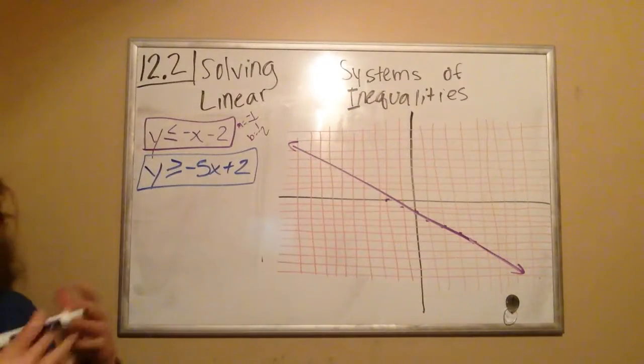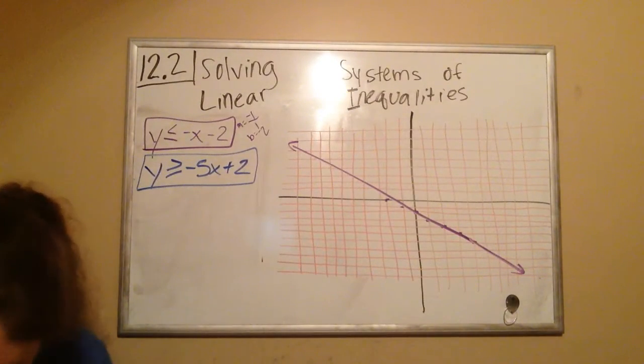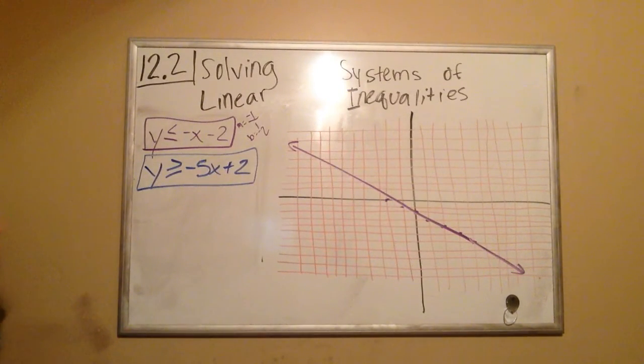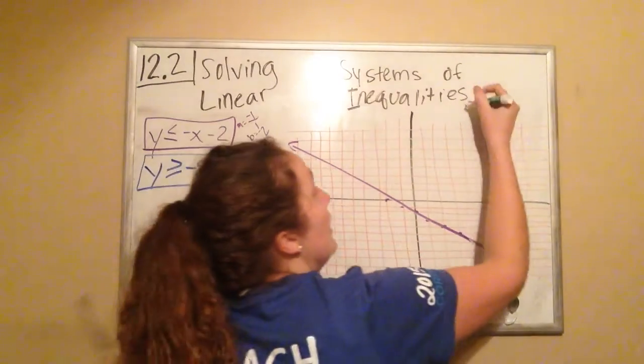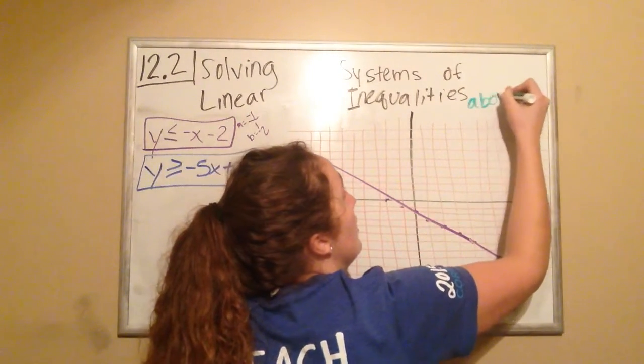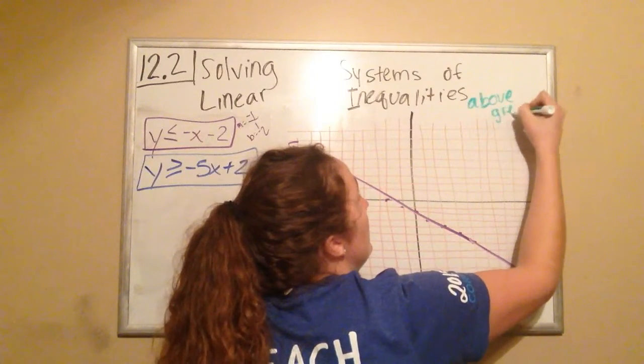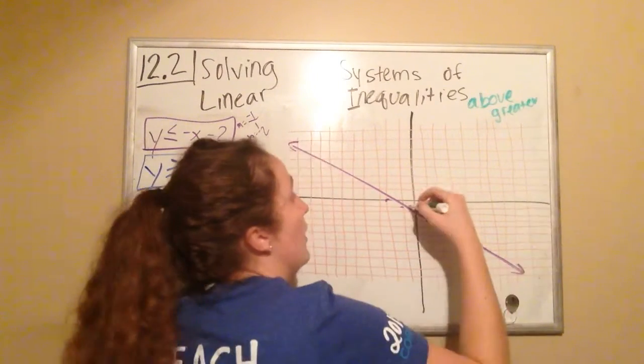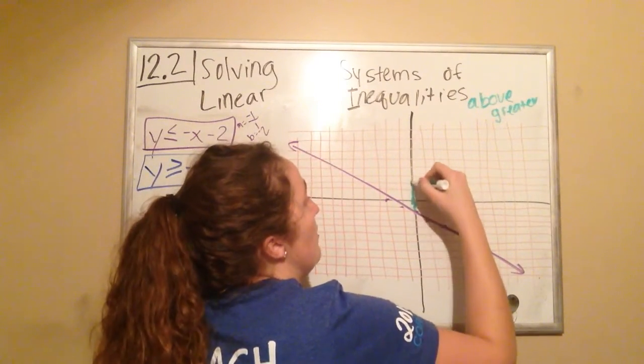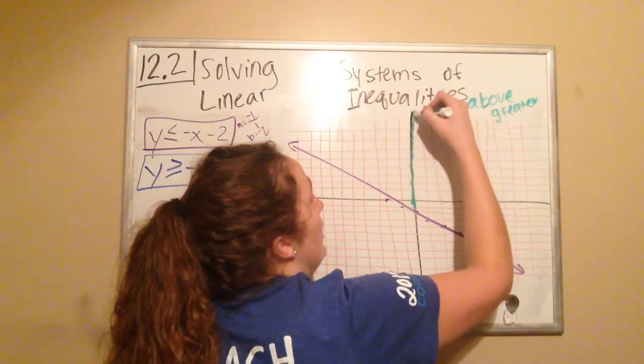Okay? And then for the shading, I'm actually going to do it a little bit differently than plugging in the 0, 0. You can still plug in the 0, 0, but this is how I'm going to do it. I am going to say above or greater. I'm going to highlight just the above or greater than on the y-axis.